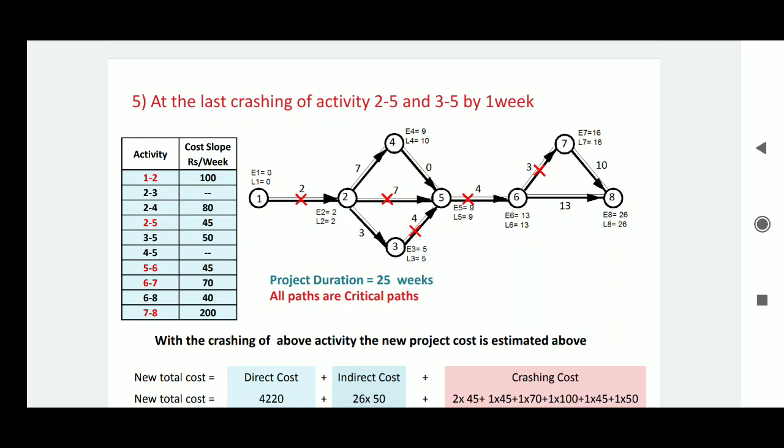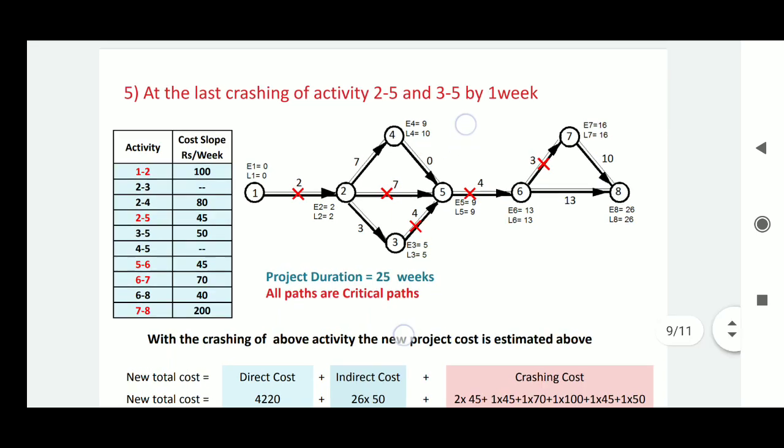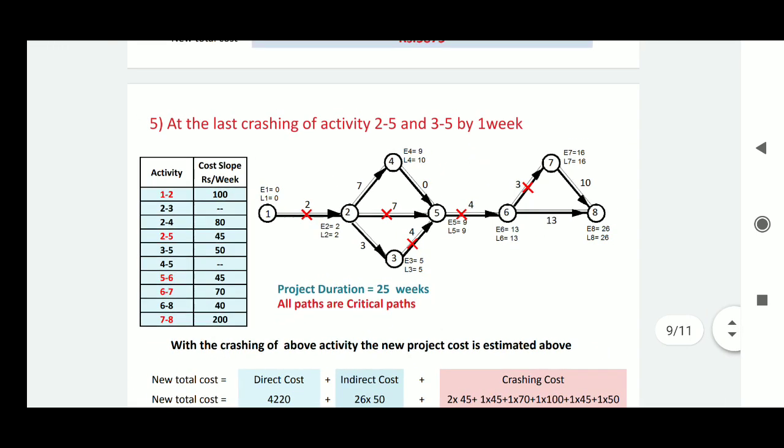Okay, so we can crash activity 25 and 35 at the same time, because if we crash activity 25 only, then our original critical path will change. That's why, if you do not want to change that critical path, you should crash the activity 25 and 35 at the same time by 1 week.